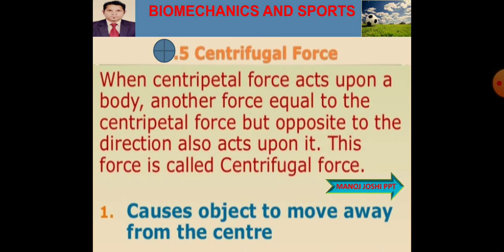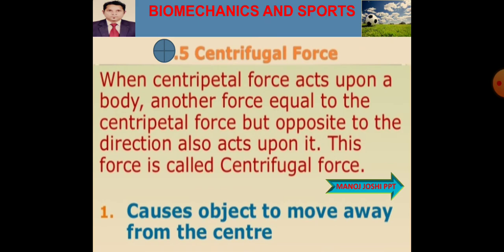This force is called centrifugal force, because of the speed of the object when it is moving fast, so the opposing force that works while the centripetal force is acting on it is known as the centrifugal force. And in this case, when the control from the center is missing on an object, it will cause the object to move away from the center.